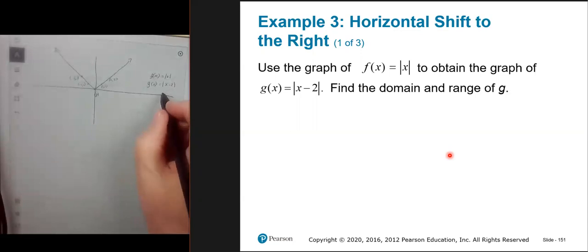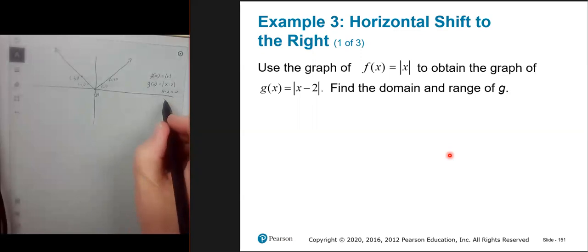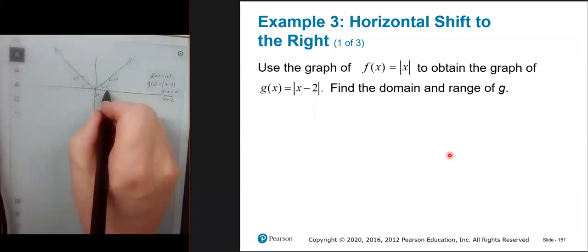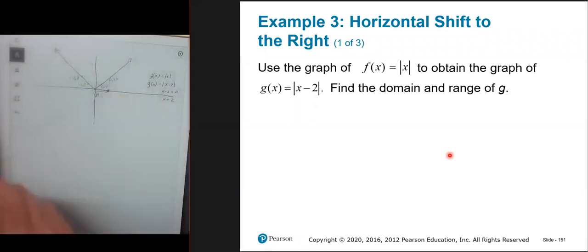So I want to look and see where x minus 2 equals 0, and that tells me where my new 0, 0 is. So x equals 2. When x is 2, I get 0. So when x is 2, boom, I move it over this way. So I'm moving my x values 2 units to the right.